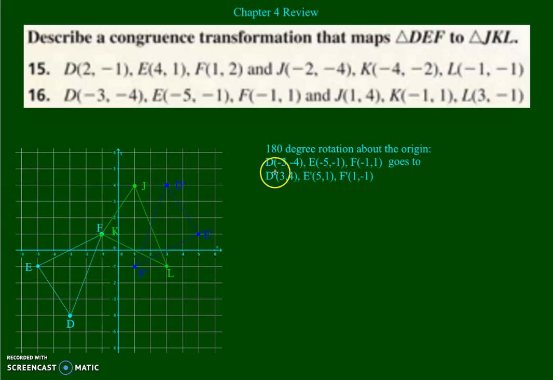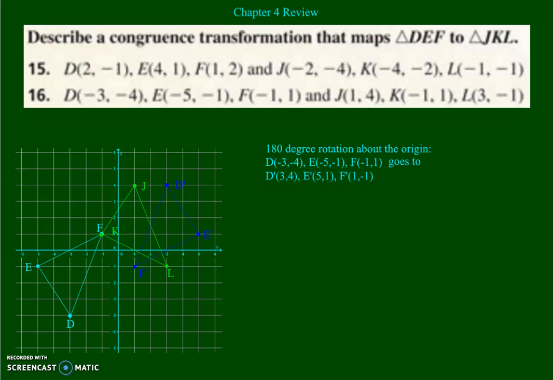And in fact, if you take a look, with D is (-3, -4), E is (-5, 1), and F is (-1, 1), when we execute the transformation to go 180 degrees, let's just do point D to begin with, just to show the transformation there.